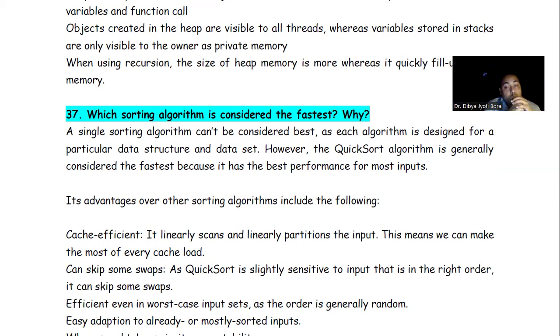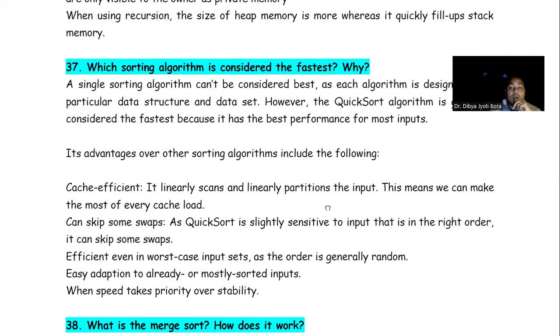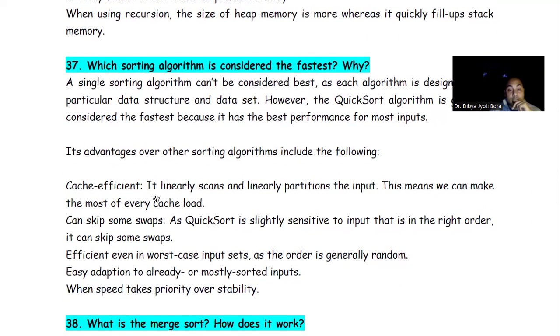However, the quicksort algorithm is generally considered the fastest because it has the best performance for most input, right? It is a default one, you can say, if we want to consider a faster one. But still, we have to say that it totally depends on the data set, totally depends on the particular data structure we are using, which sorting algorithm will perform better in that case.